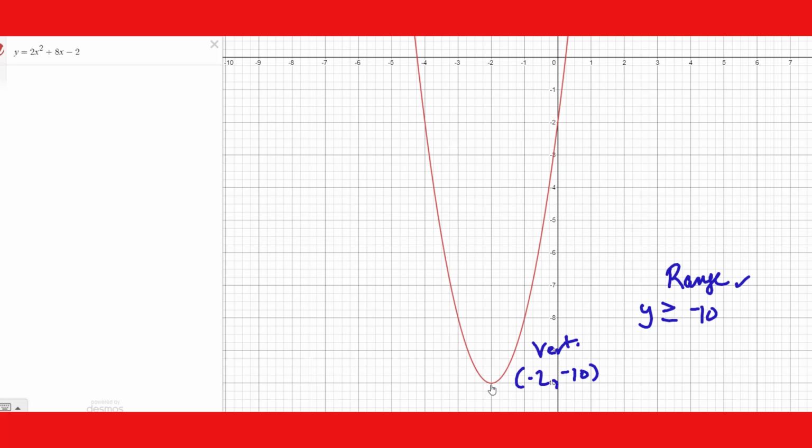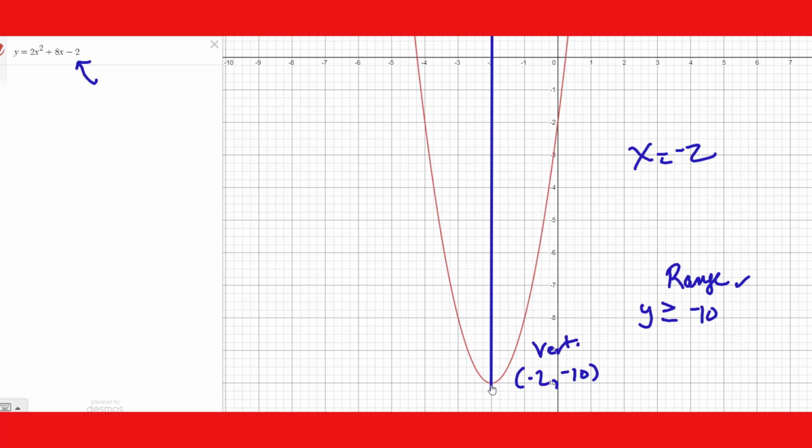Now, let's look at the axis of symmetry. If I take this parabola and divide it in half, we have an axis of symmetry with an x value of -2. So we've got our axis of symmetry at -2, and the vertex sitting at -2, -10.